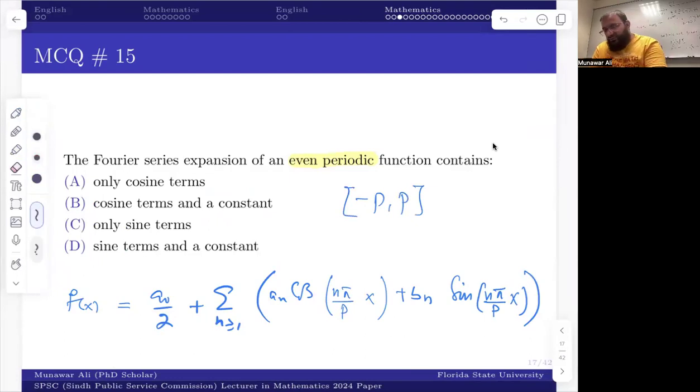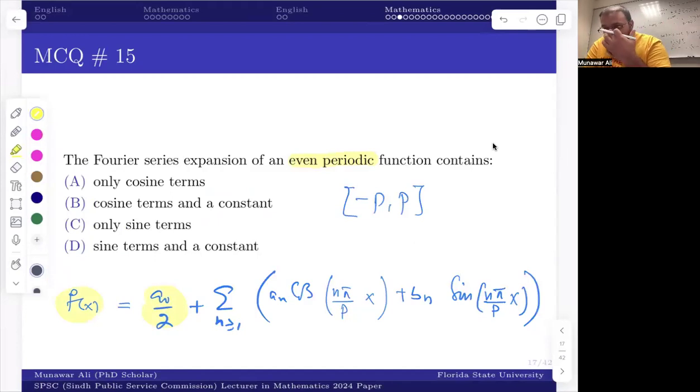Okay, what I will do: I know one thing, that this left-hand side f of x is an even function. I have to see which functions on the right-hand side are even. You know very well a constant is always an even function, because it satisfies the property of an even function. Does it satisfy? Yes, it satisfies.